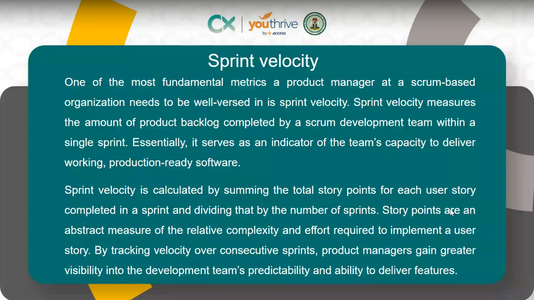The engineer can tell you that it will take 3 or 4 days to fully build that out. For a 4-day user story, you might see 4 story points. If it's something that can be completed within a day, you see 1 story point. If it's something that can be completed in 2 days, you might see a 2 or 3 story point, depending on how you define your story points.